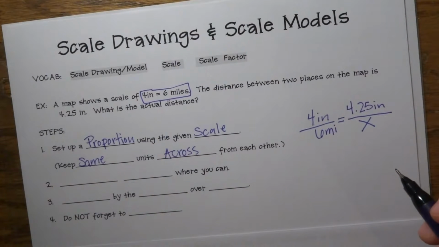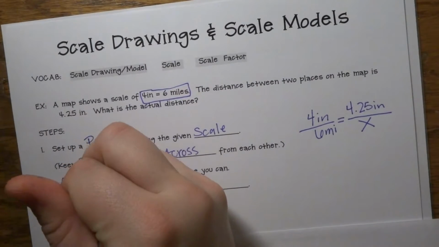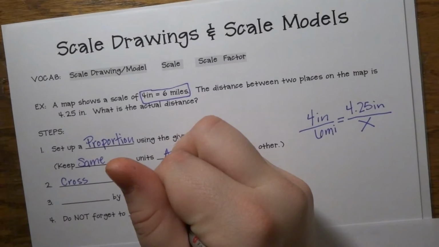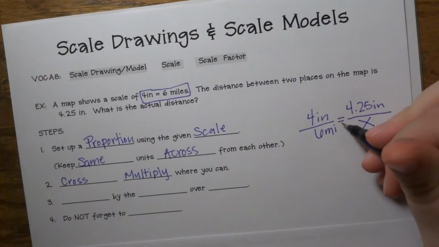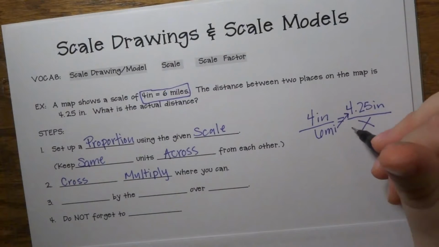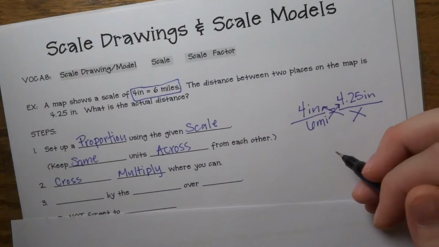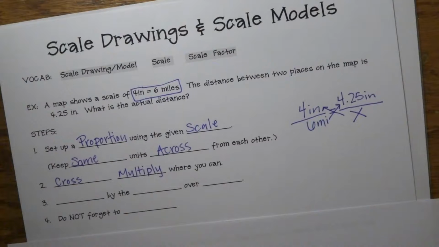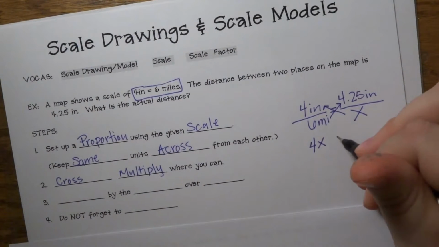So, step 2, cross multiply where you can. So, we'll multiply there, over there. Let's do this side first. So we have 4 inches times x, which gives us 4x.